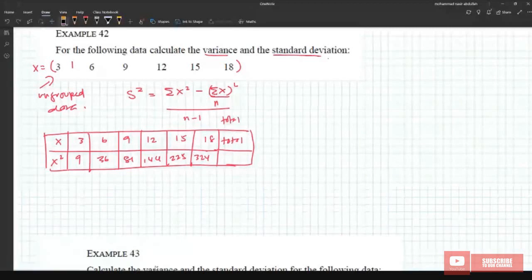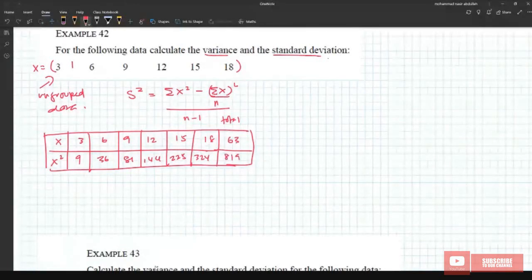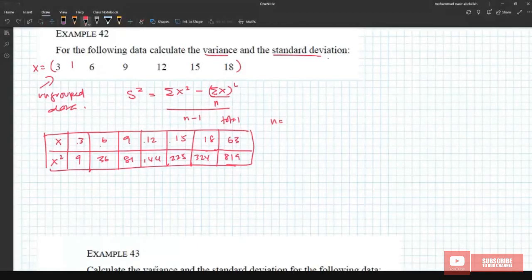So the summation of x is equal to 63, and the total of x squared is equal to 819, right? And we have n equal to 1, 2, 3, 4, 5, 6. So n equal to 6.